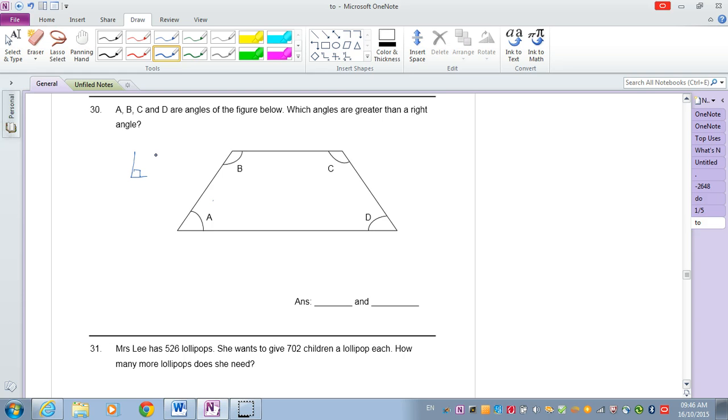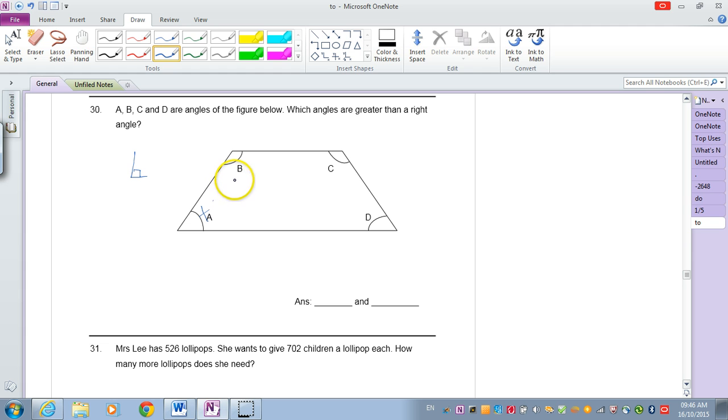Now let's look at angle A. Angle A is less than a right angle. Angle A is actually an acute angle, so angle A is not the answer. What about angle B? If you use a ruler and place it on angle B, you will realize that angle B is an obtuse angle.